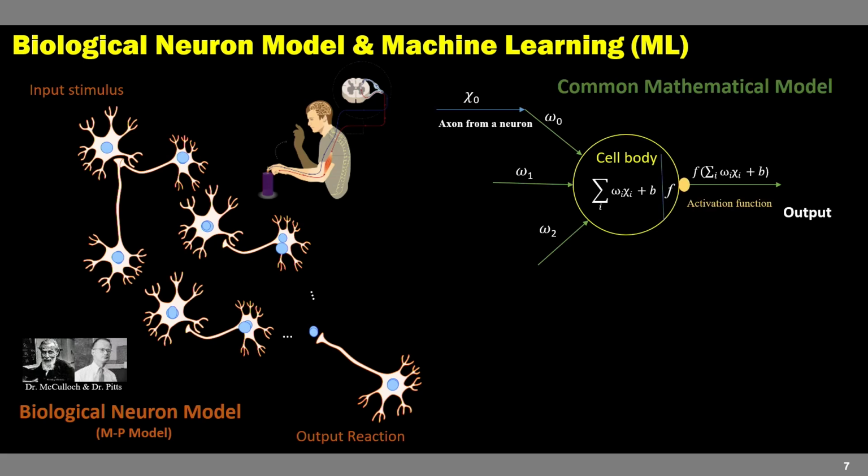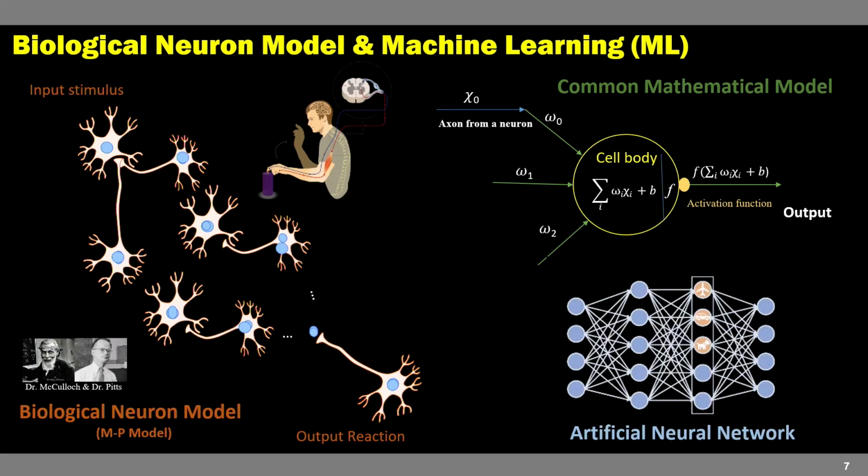Besides this motivation, we developed the mathematical model. We gave each neuron an activation function, and whenever it gets some input, it outputs with different learned weights. That is the basic concept of the neural network.